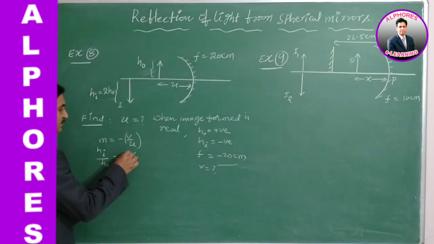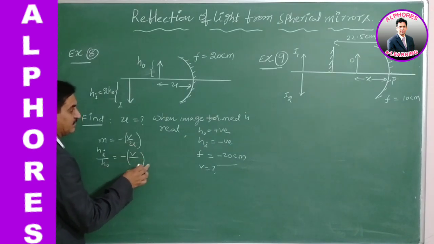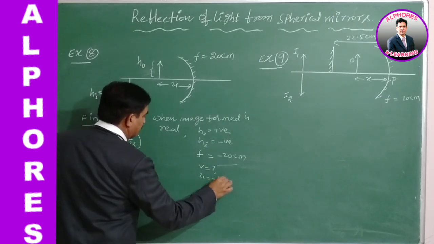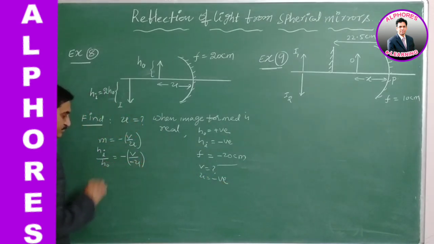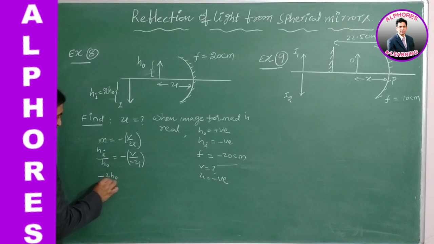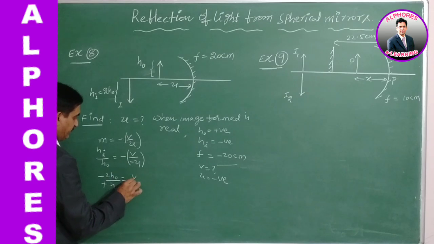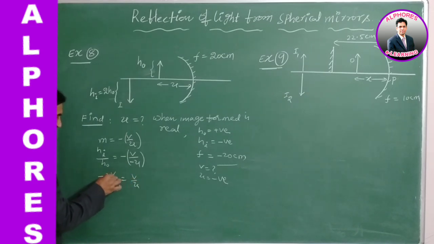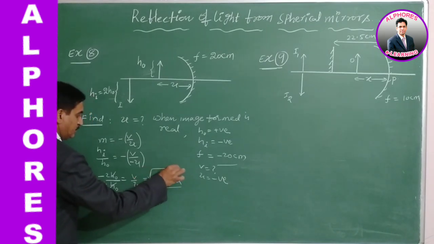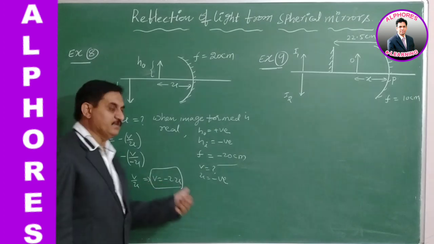The object distance is taken to be negative, u is negative, therefore minus u. Of course, hi is negative, it is 2h0, therefore minus 2h0 by h0 is equal to minus v by u. Therefore h0 gets cancelled, and v is equal to minus 2u. This is the distance of the image.